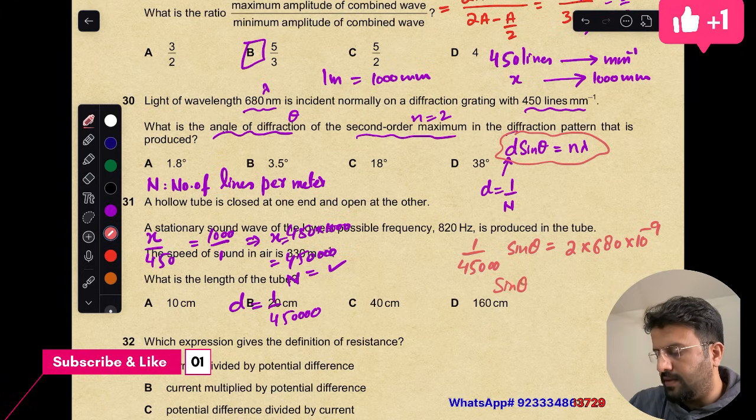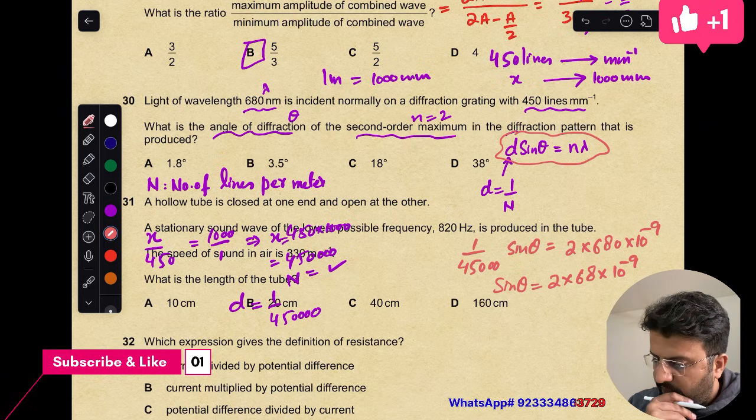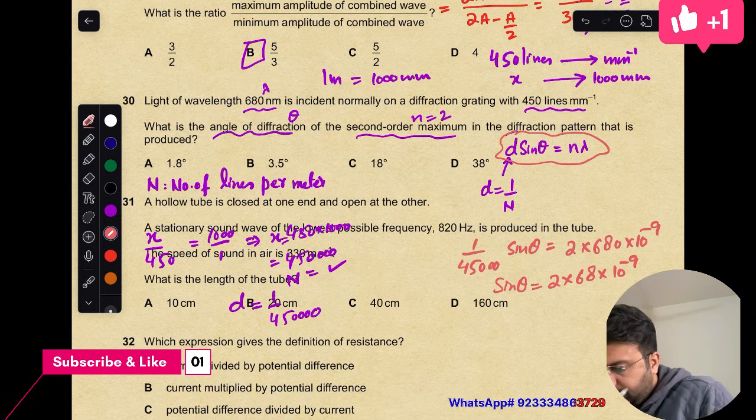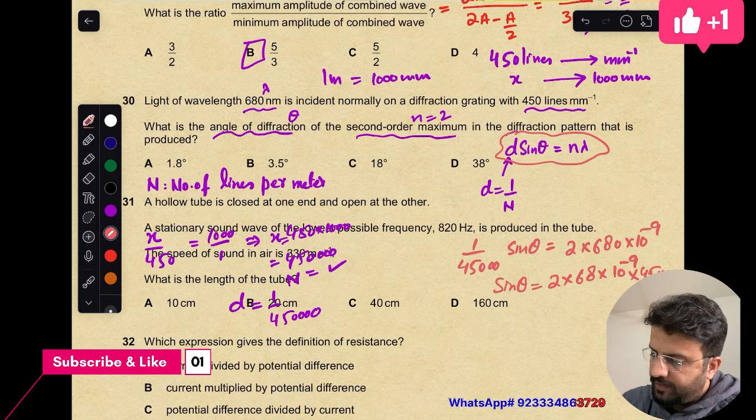So sine theta equals 2 into 680 into 10 raised to power -9, times 450,000.